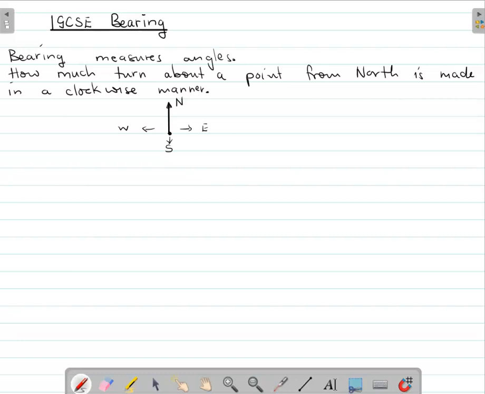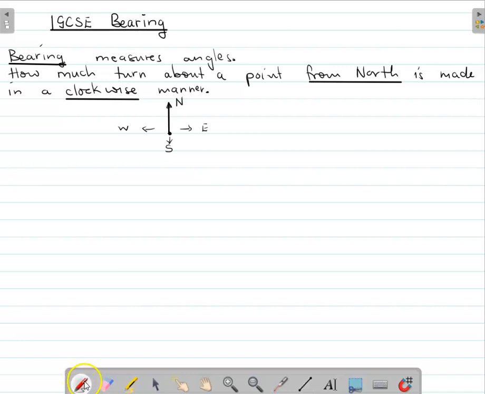Each person will either turn right or left. That's why when we define bearing, we make it clear on two things. One, you are turning from north, and two, you are turning clockwise.